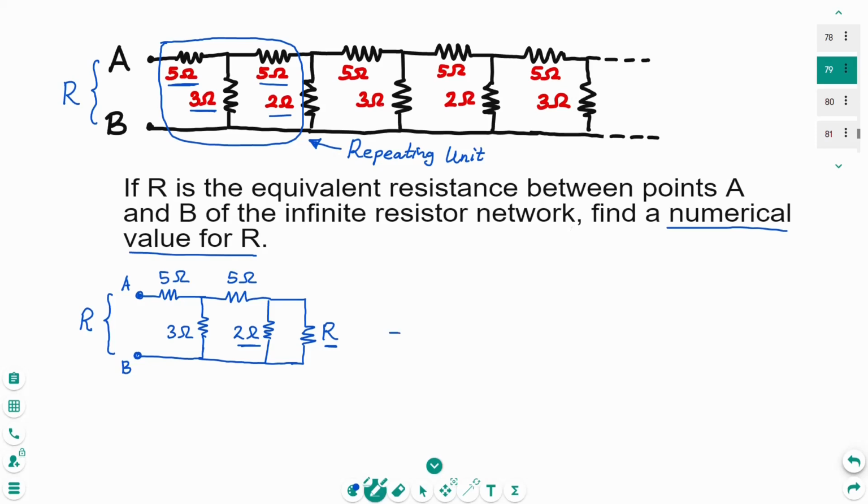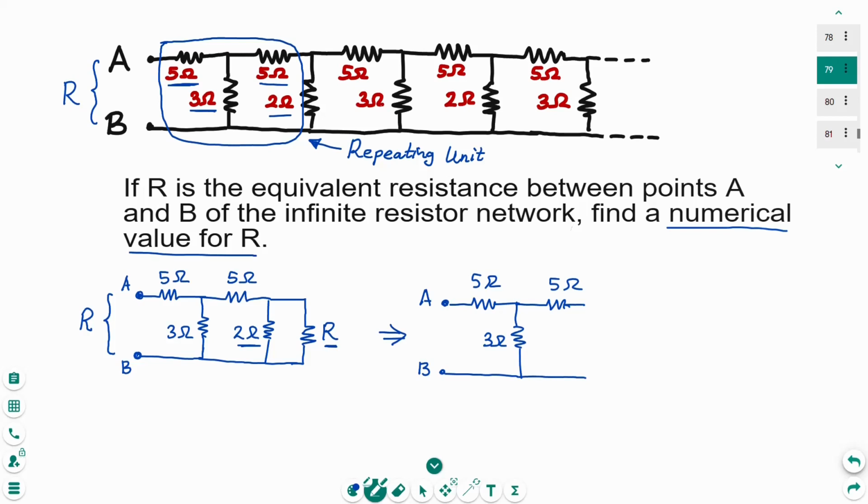Okay, so I'm going to redraw the network again so that it's clear what I'm doing. I have the 5 ohm resistor, then I have the 3 ohm resistor. This is A and this is B. And then again I have the 5 ohm resistor.